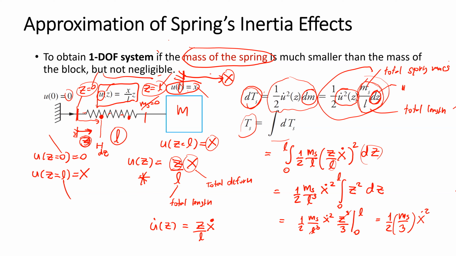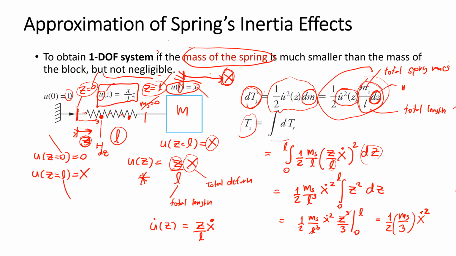Okay, we have a long derivation, but what I want to say is just that if we know the spring has the deformation x, the velocity is x dot. x dot squared is the velocity of the mass that connects to the spring.